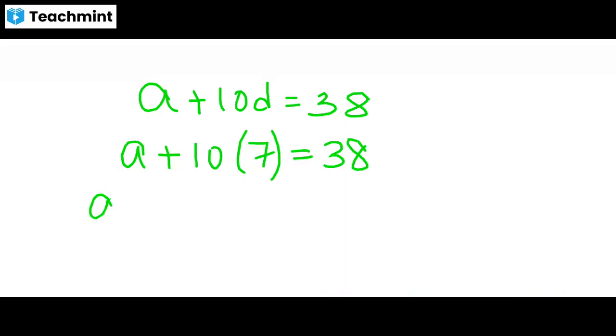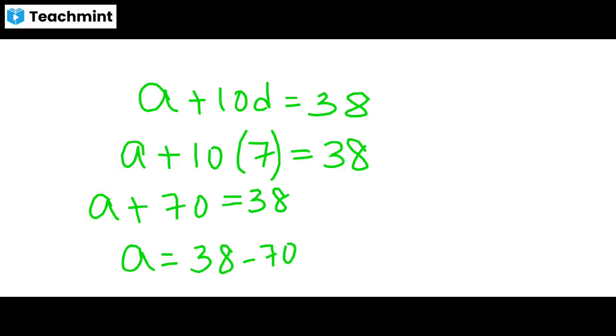Now a plus 70 is equal to 38. So what do you get as the a value? 38 minus 70. What is the a value? You got it as minus 32.